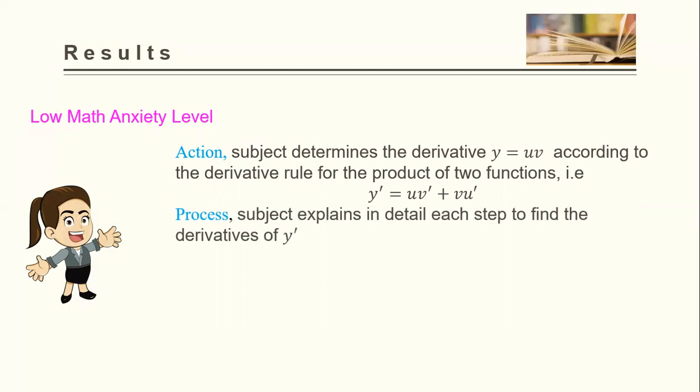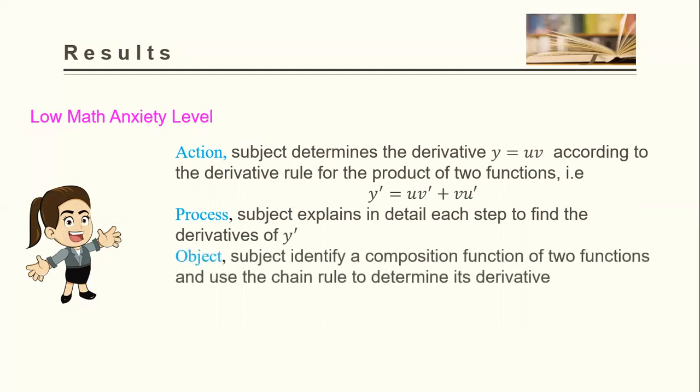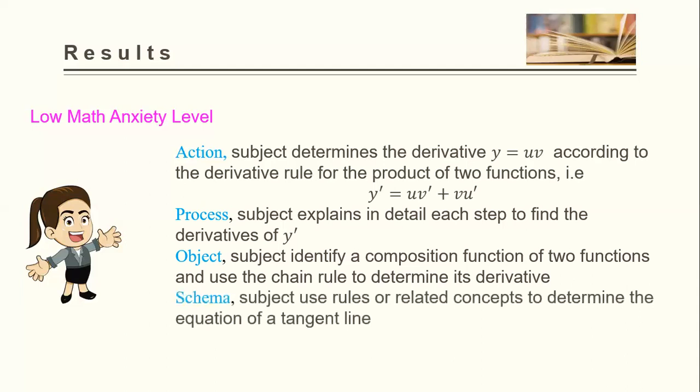And in process, the subject explains in detail each step to find the derivative y accent. And in object, the subject identifies a composition function of 2 functions and uses the chain rule to determine its derivative. And the last, in the schema, the subject uses rules or related concepts to determine the equation of a tangent line.